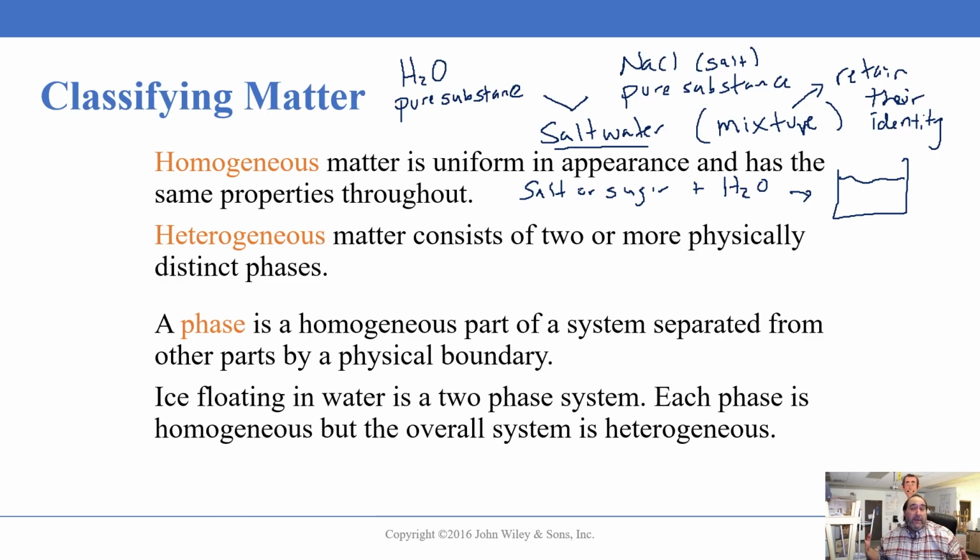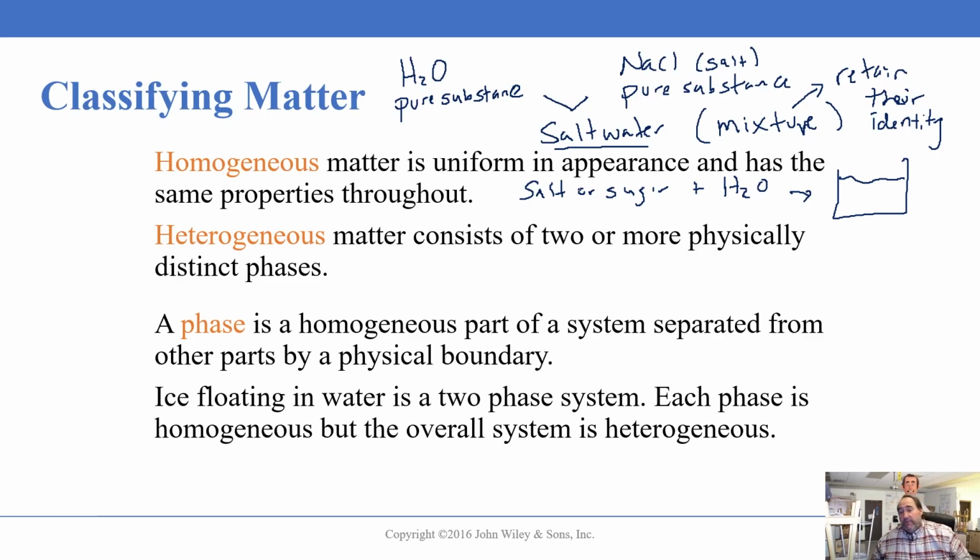It's kind of like if you get some water out of the ocean, nothing else is floating around. It just looks like water. But if you ever tasted it by sampling a little bit of it, maybe when you're swimming, you're like, wow, it's pretty salty. Because you can't see the salt, right? So it all looks the same throughout, and that's a homogeneous mixture.